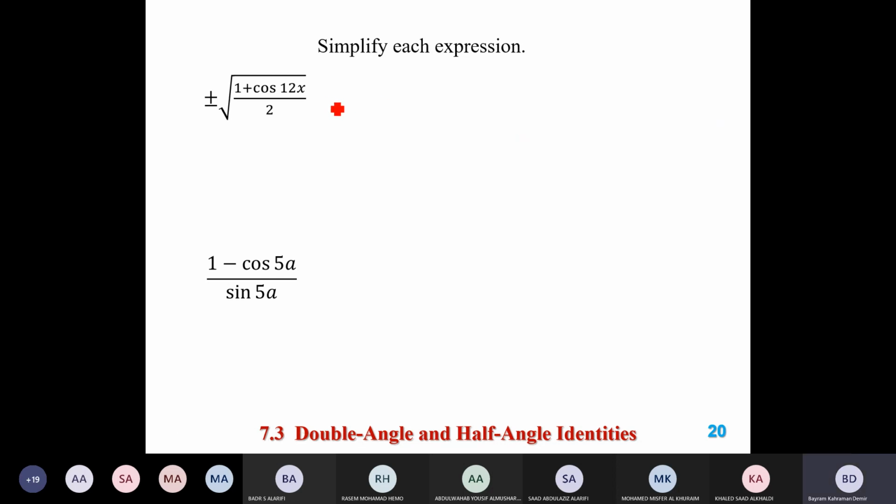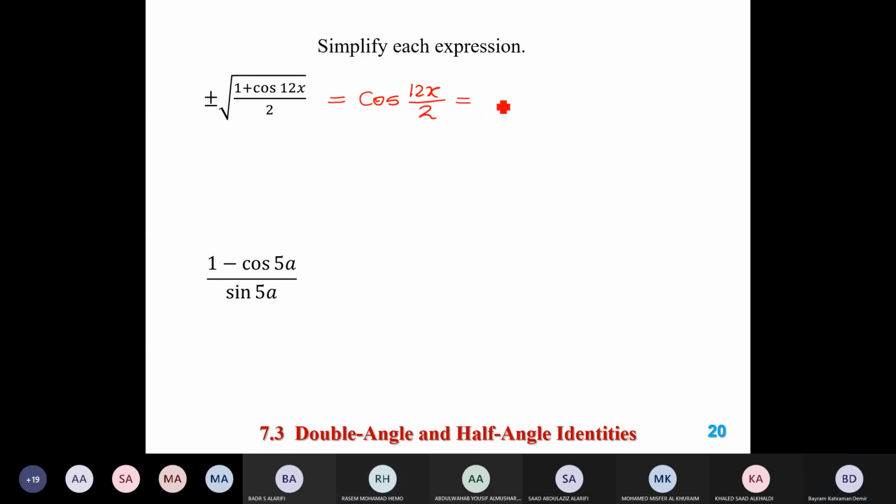Anybody remembers what this formula is for, Shabab? Plus or minus 1 plus cosine theta over 2. What is this, Shabab? Cosine of what? Cosine of half angle, right?